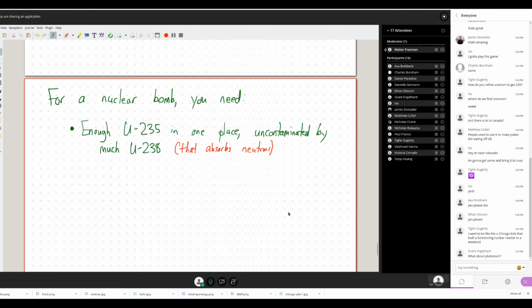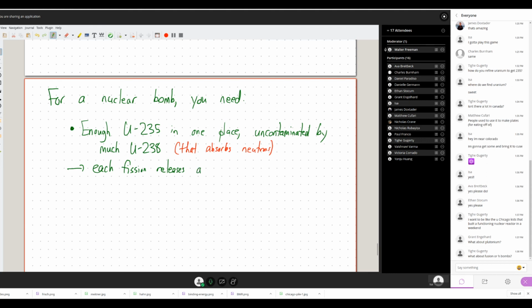What you need is every time a fission happens, an average of 2.4 neutrons are released.